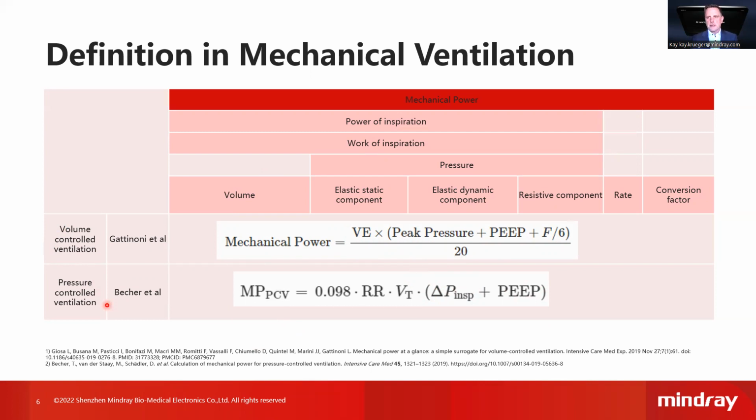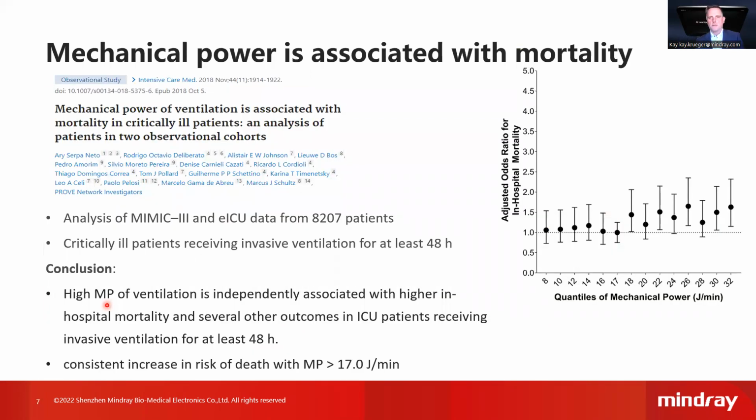What actually can we do with mechanical power? There is a publication from an international group that was looking into over 8,000 patients that have been receiving invasive ventilation for at least 48 hours. They were looking into mortality.